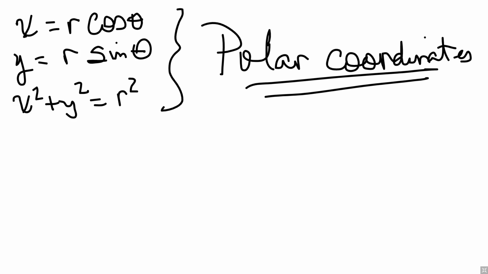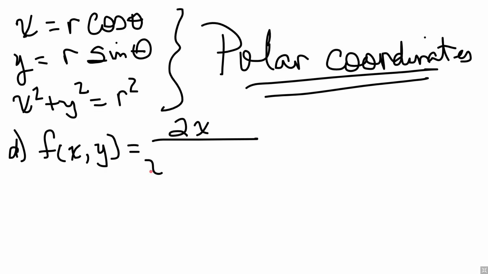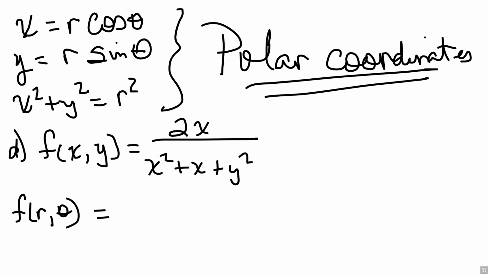So this is what we're going to use in order to help us out with these last two problems. So the first problem, we have this. We have f of x, y is equal to 2x over x squared plus x plus y squared. Okay. So what I'm going to do is switch this over to a function in terms of r and theta. All right, so in place of x, I'm going to put in this.